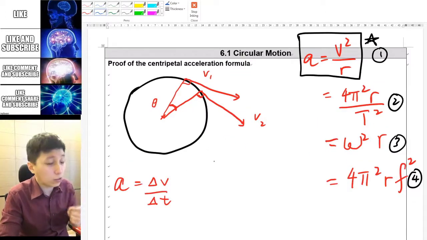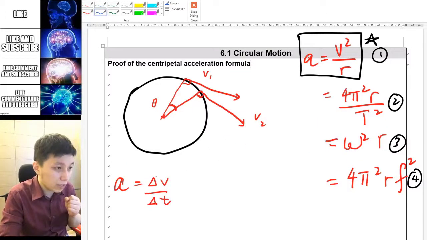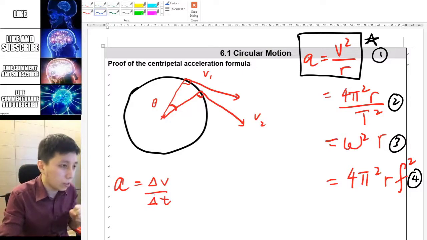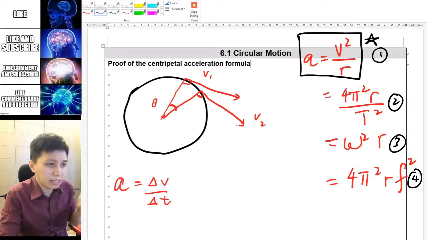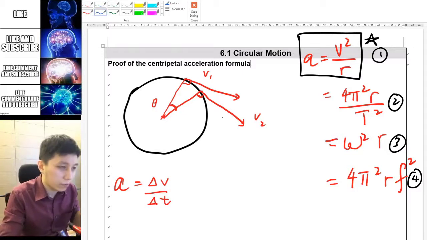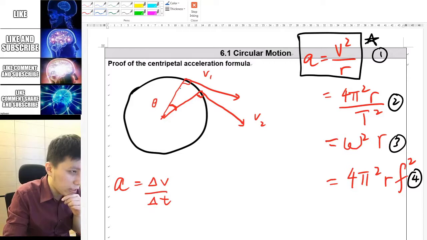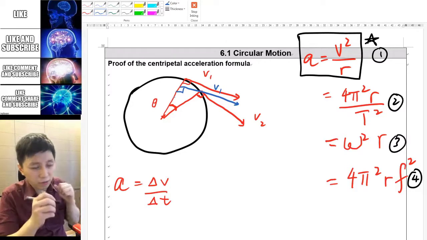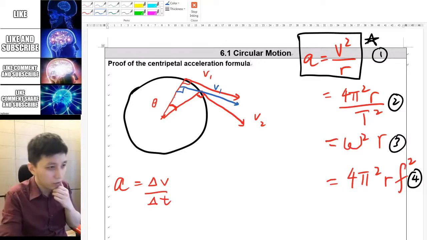Alright, so now the question would be, how do we express delta v and delta t from our diagram? Let's think about delta v. Delta v is simply v2 minus v1. Probably we want to move the vector a bit so that we can use the head-to-tail method. We can actually move it like this. This is v1, this is still 90 degrees, and this is a legit move because we didn't change the direction at all.